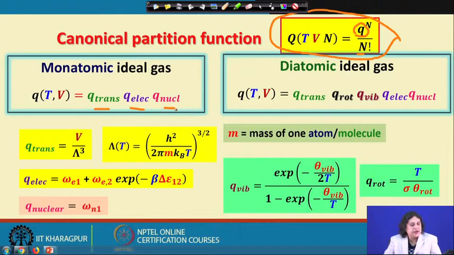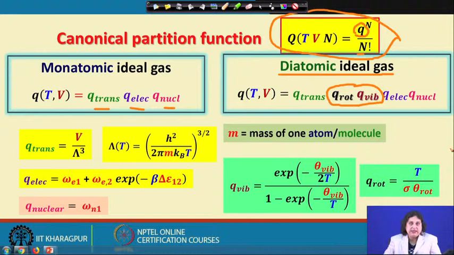Whereas, if you have a diatomic ideal gas, then two additional terms come into the picture, which are due to the rotation of the molecule about an axis and also the vibration of the chemical bond that is connecting the two atoms constituting the molecule of the gas.